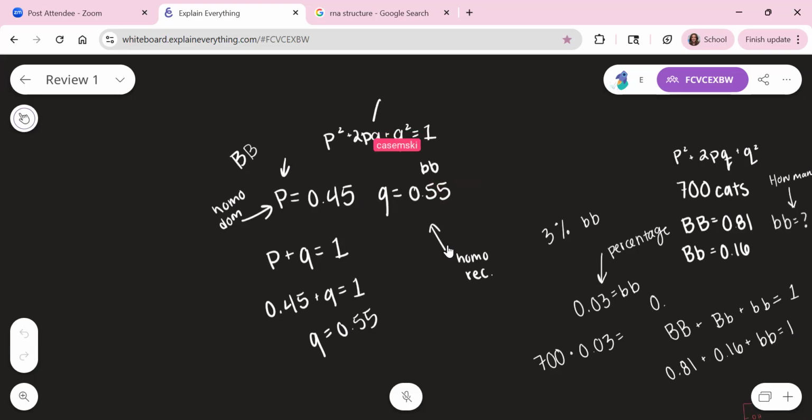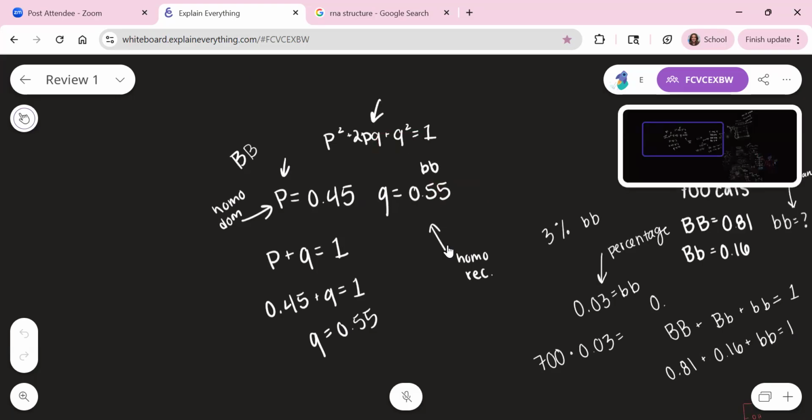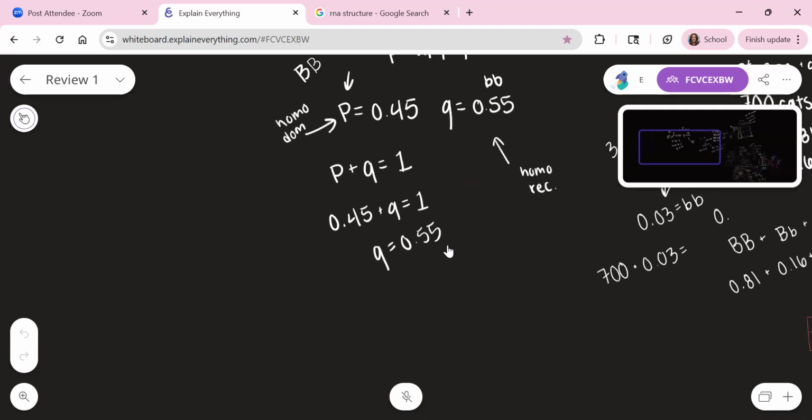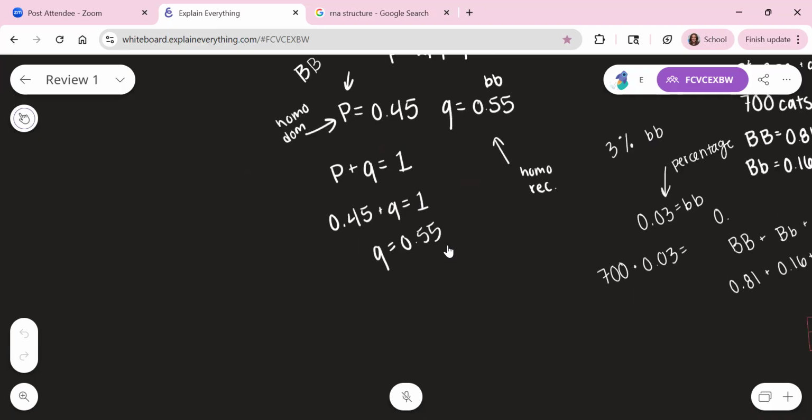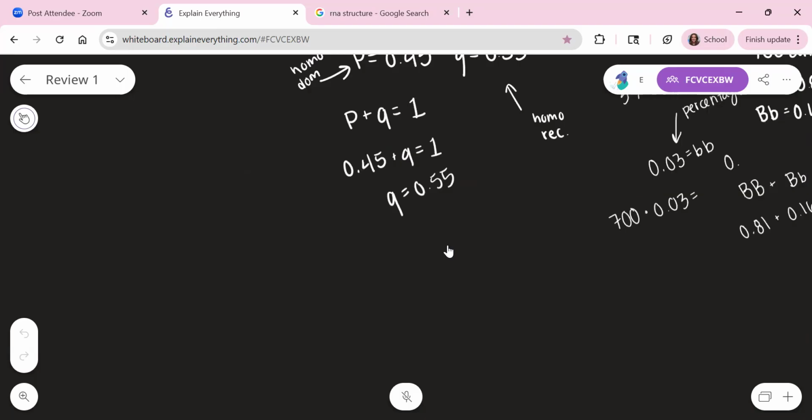And so we want to find this. And so now we can actually calculate what P actually equals.